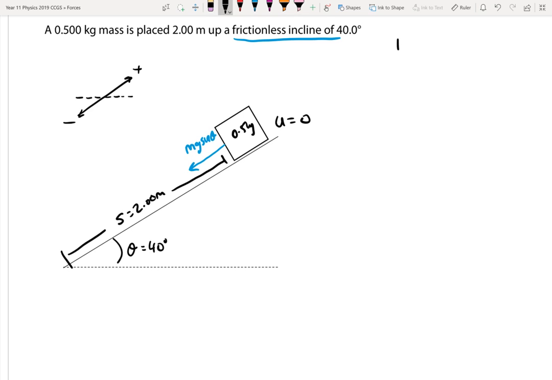If we wanted a free body diagram, please remember there are two forces currently acting. You've got your weight force and your normal force at an angle of 40 degrees. See, the problem here is sometimes students are tempted to add mg sine theta.